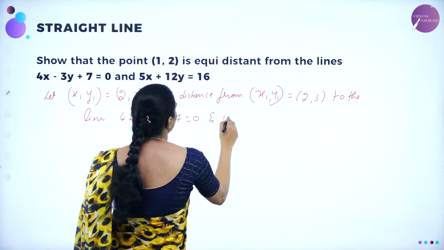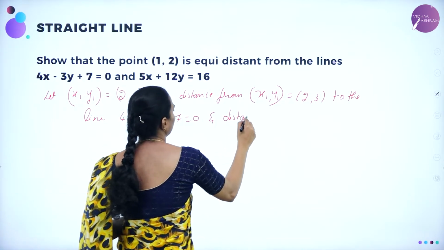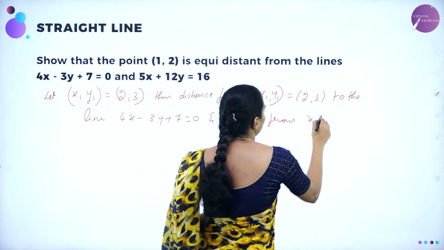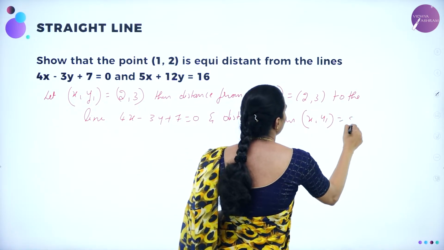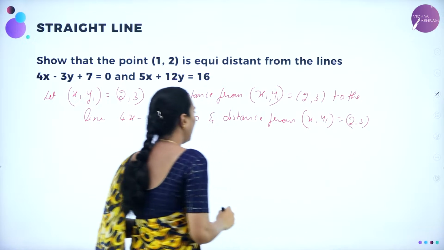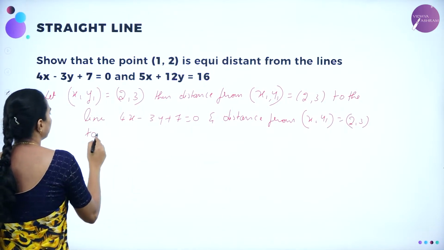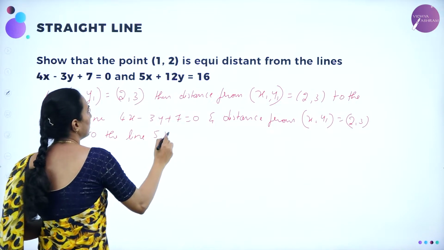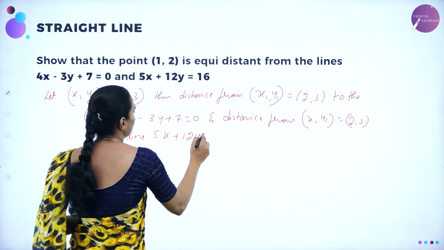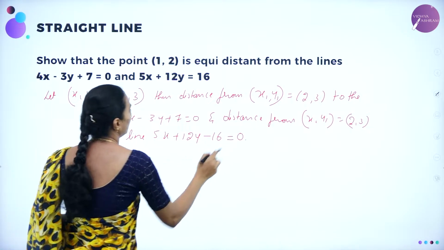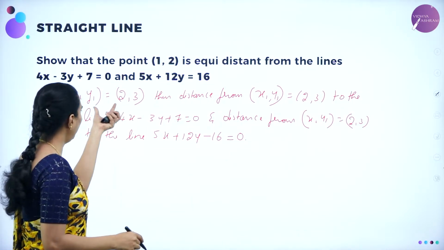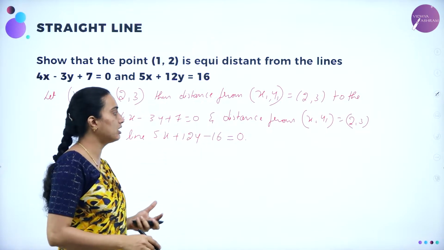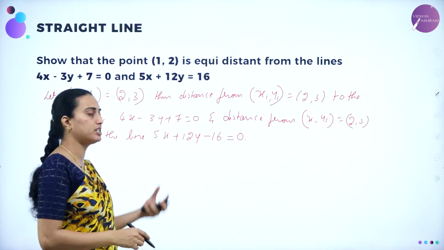And distance from the same point x1, y1 equal to 2, 3 to the line 5x plus 12y minus 16 equal to 0. Now let me find out from 2, 3 to the line 4x minus 3y plus 7 equal to 0.